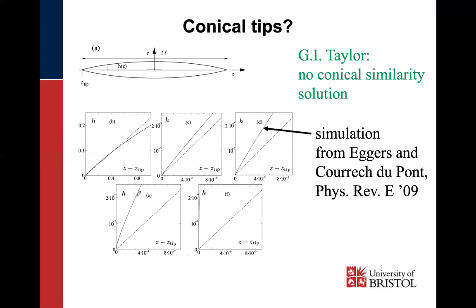And so my subsequent theoretical analysis is based on this idea that you have a near cone whose slope changes very slowly. And as I said, the dashed line is Taylor's slender body theory.